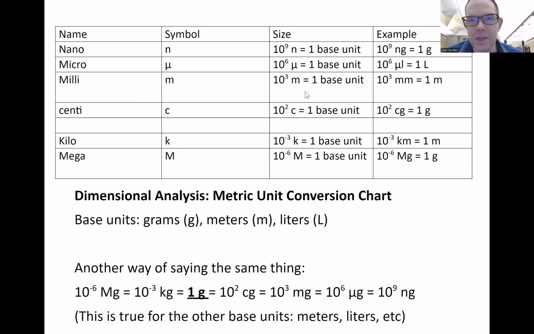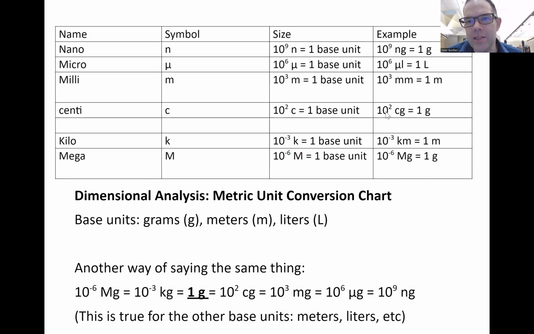For centimeter, 10 to the 2 centimeters is equal to one base unit, meter. Here are the different base units down here: grams, meters, liters. So you can have a centimeter, a centigram, a centiliter. You get the idea, right? But 10 to the 2 of centi-anything is equal to 1 liter, 1 meter, or 1 gram.